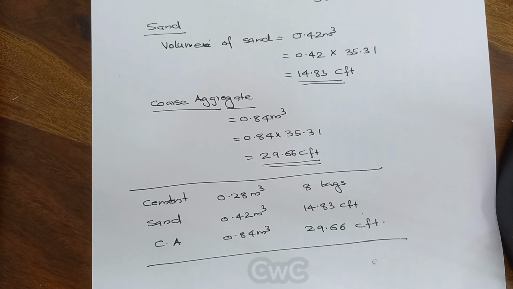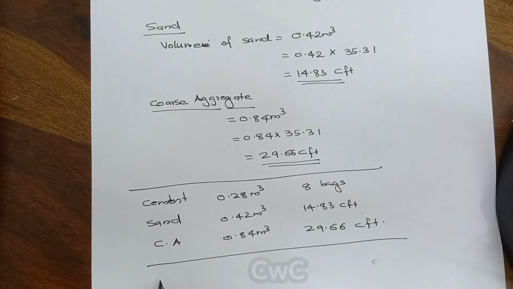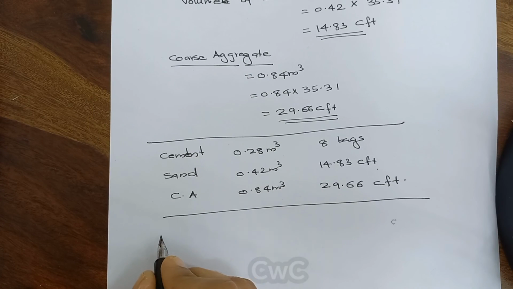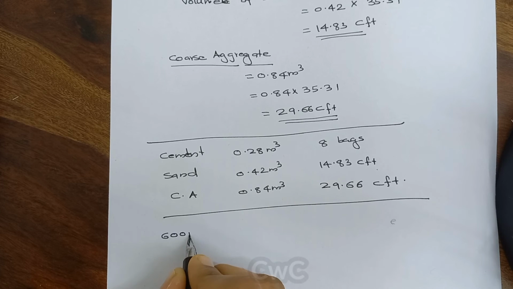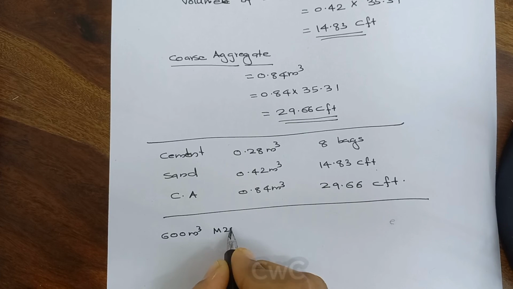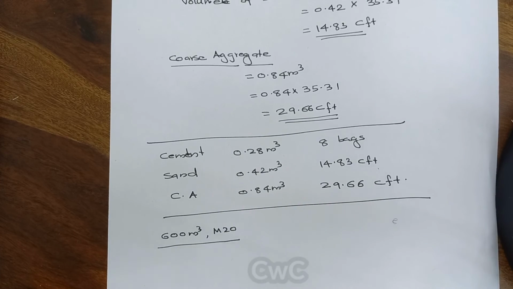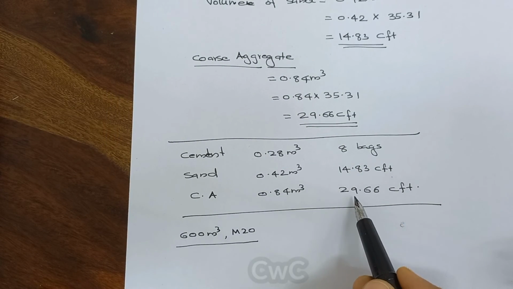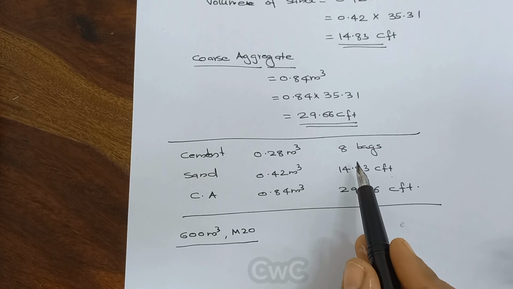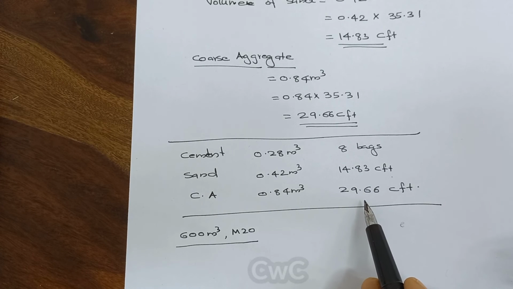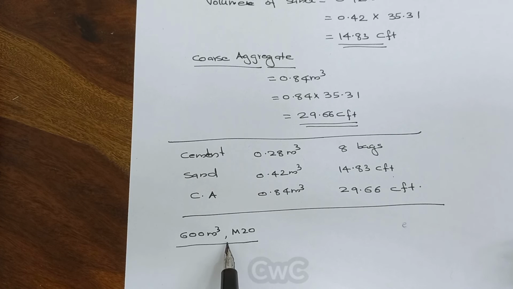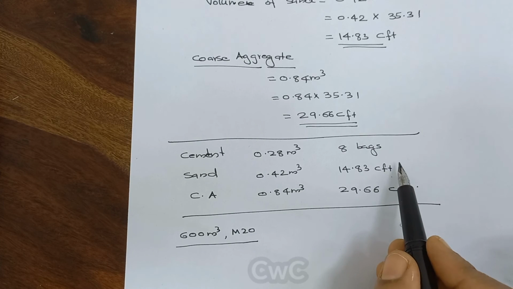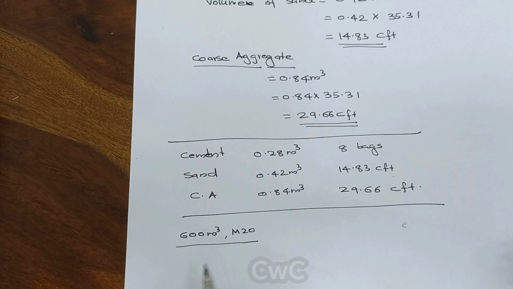Now if we have more volume, that is 600 meter cube of M20 concrete, how do we calculate the quantities? There are two ways to do this. First thing is, if you remember all these quantities for 1 meter cube of concrete, you can just multiply that with 600 cubic meter or whatever may be the volume, you can multiply directly with these constants.